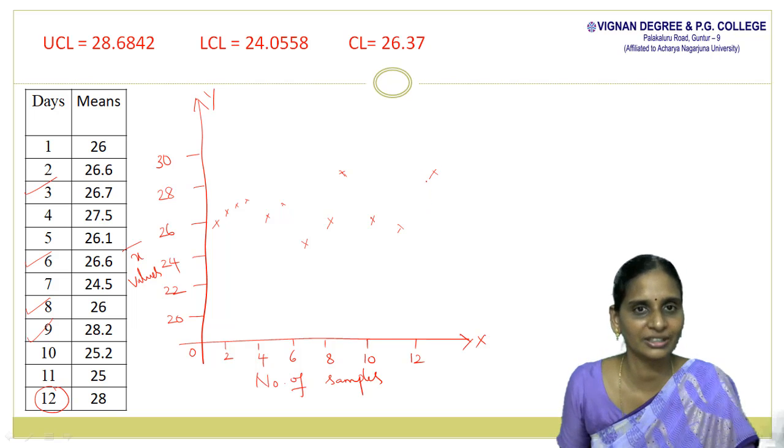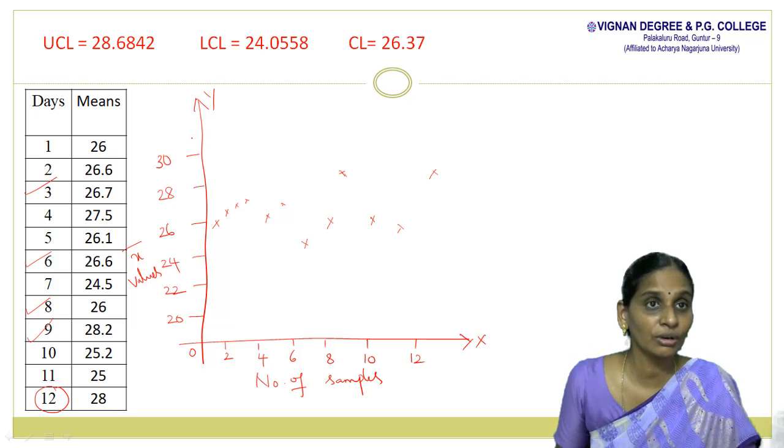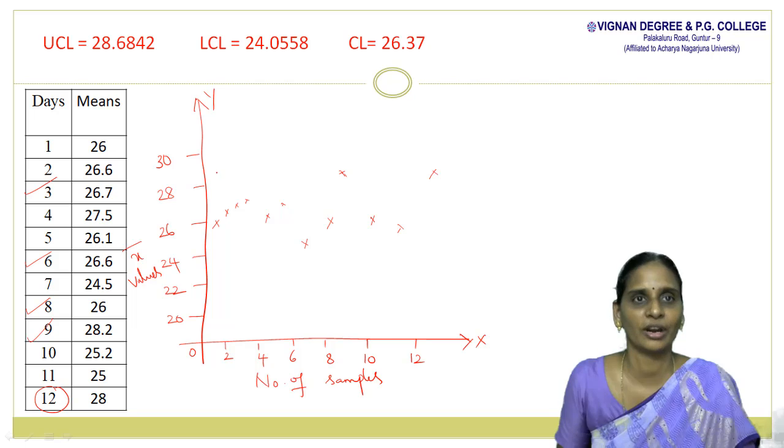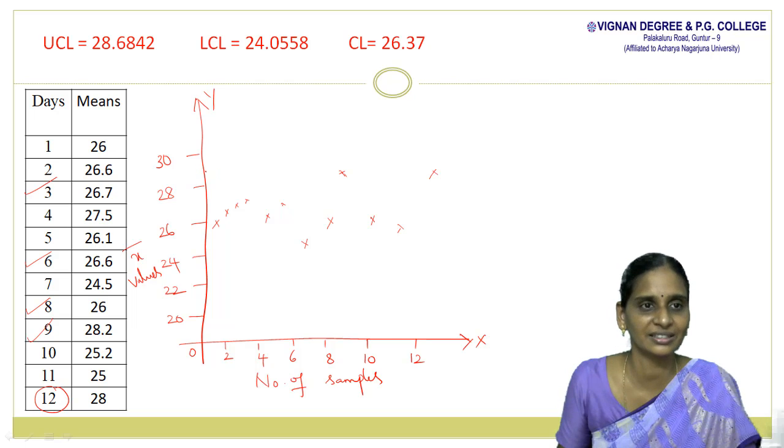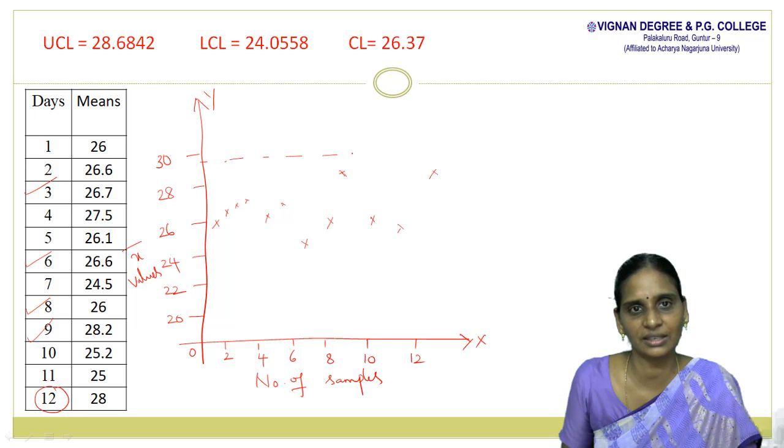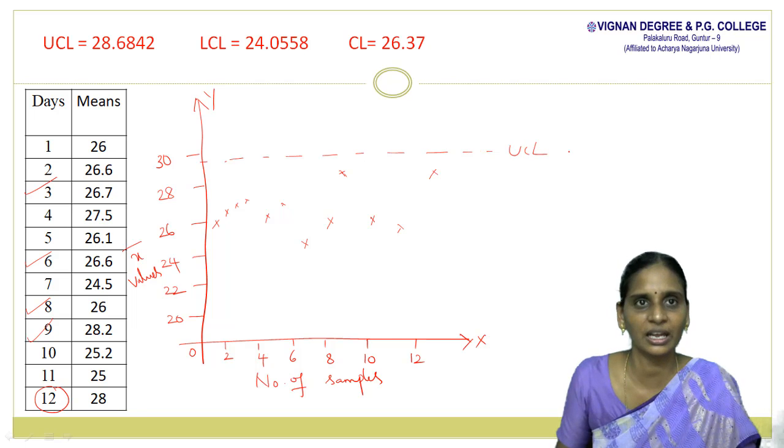Now we have to plot the control lines. The first is the UCL point, that is 28.68. So this is UCL, 28.6842.